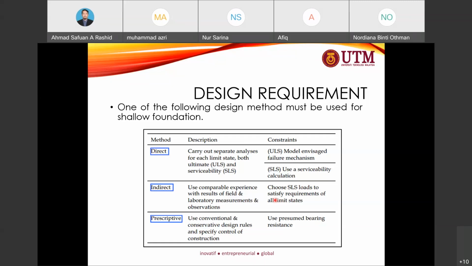So normally for this type of method, we may apply a certain factor of safety in order to have a very suitable load to be applied on the soil.